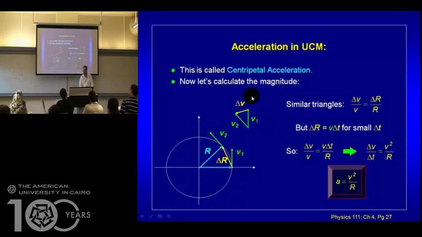They are similar to each other. V1 and V2 are both equal in magnitude. The length of that vector and the length of that vector are equal. The only thing different between them is the direction. And r and r are also equal in magnitude. I claim that this angle here is the same as the angle in here.